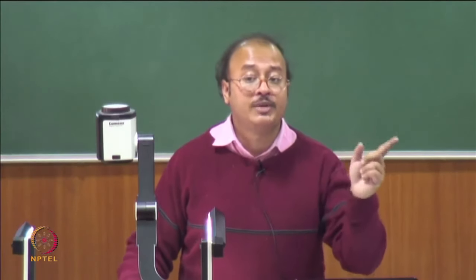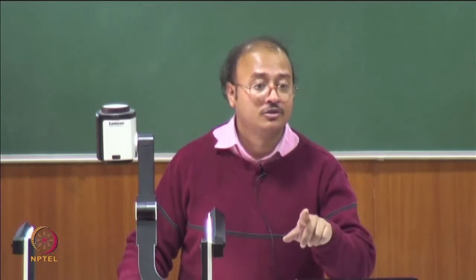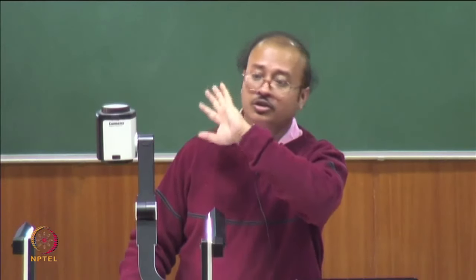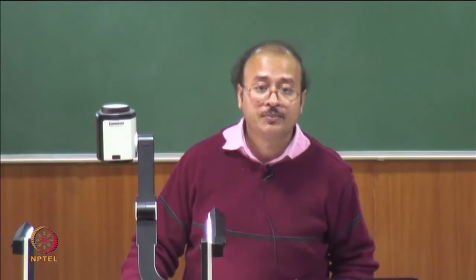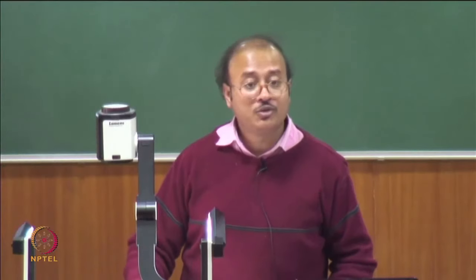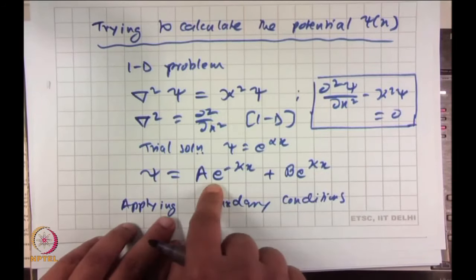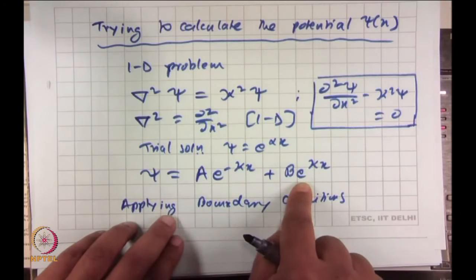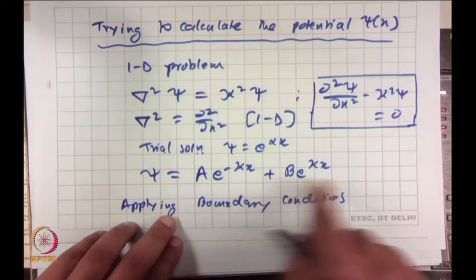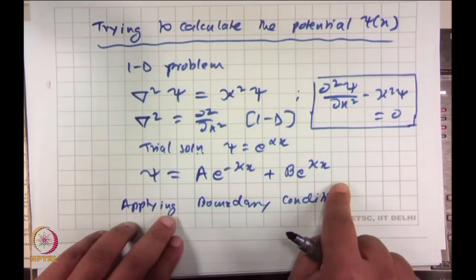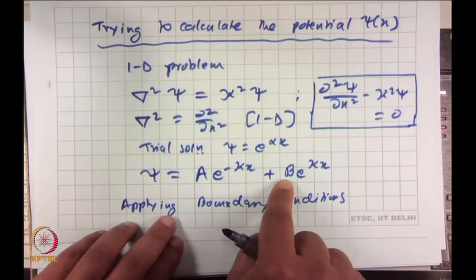Remember, psi of x is from the plane, it should be 0 because you are much farther away than your Debye length. So, if it is 0, that means psi would be 0. So, you can understand if you put x equal to infinity here, this guy goes to 0 anyway because it dies out, right, but this one does not go to 0, this one cannot go to 0, but your psi has to go to 0 at x equal to infinity, then which one will go to 0? B will go to 0.